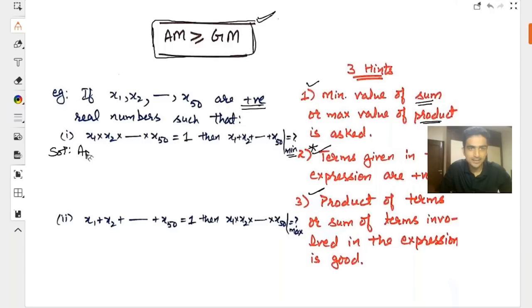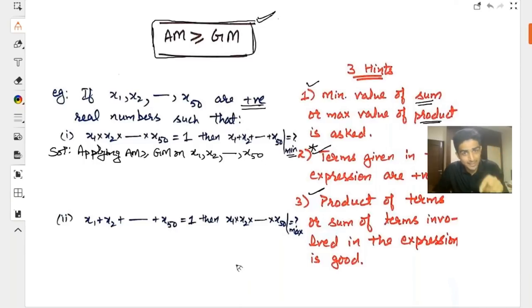Applying AM greater than equal to GM on X1, X2, so on to X50. You apply AM, GM on the terms which are involved. Okay.